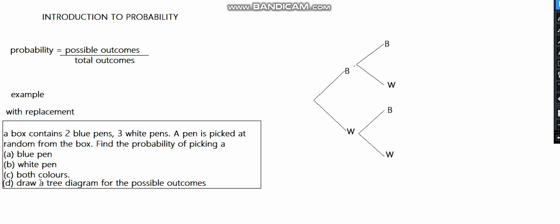Now, part D says draw a tree diagram for the possible outcomes. Now, a tree diagram is branches that show the possible outcomes in a given probability. Now, we only have 2 colors, so we have the branch for blue and also the branch for white.